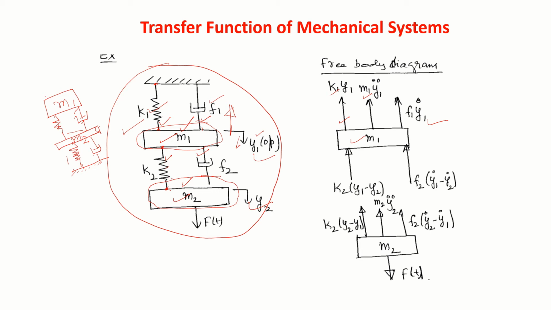Let me assume y1 is greater than y2, then the net displacement is y1 minus y2. So whenever you are analyzing m1, you always assume y1 is greater than y2. When we substitute the numerical values, that will take care of the direction. So k2 (y1 minus y2), and similarly for this F2 (y1 dot minus y2 dot).